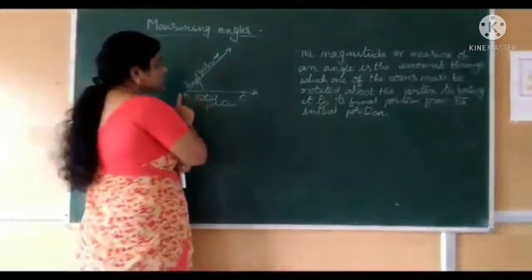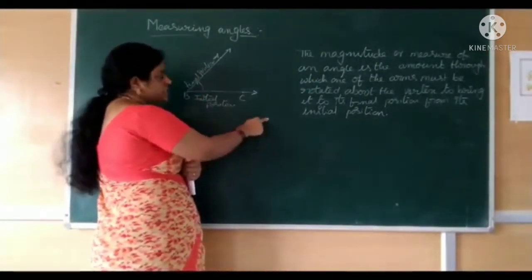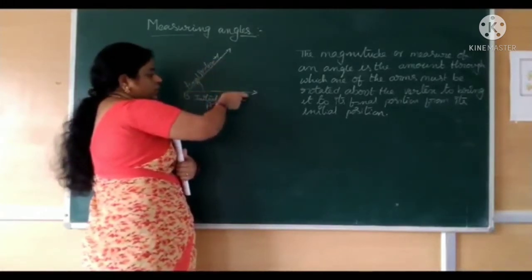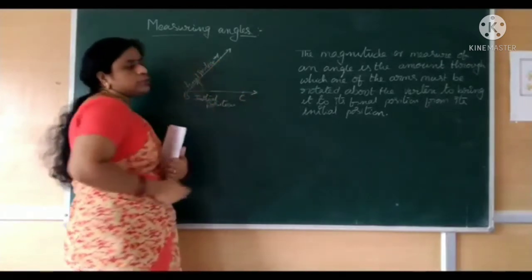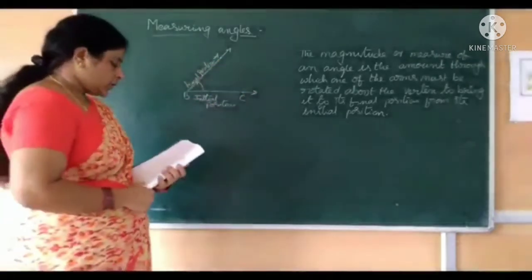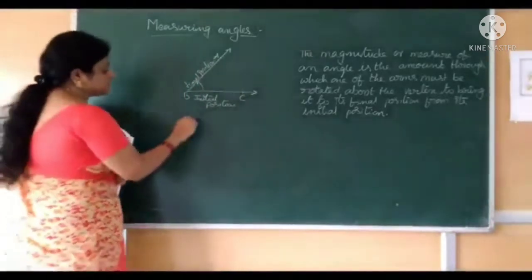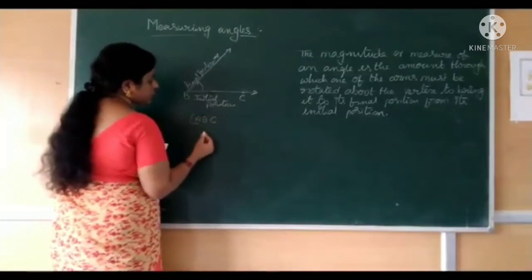Here in this figure, the initial position is BC. The final position is BA. The distance between BC to BA forms an angle. The ray forms an angle ABC.